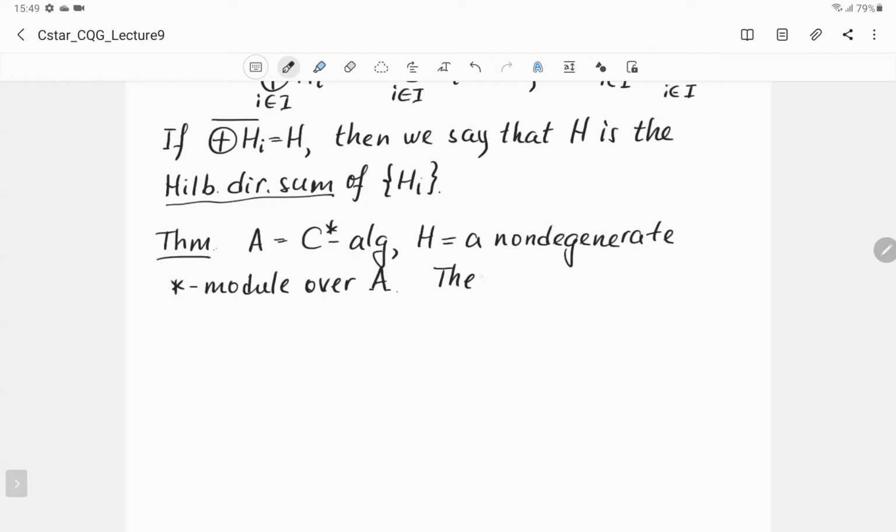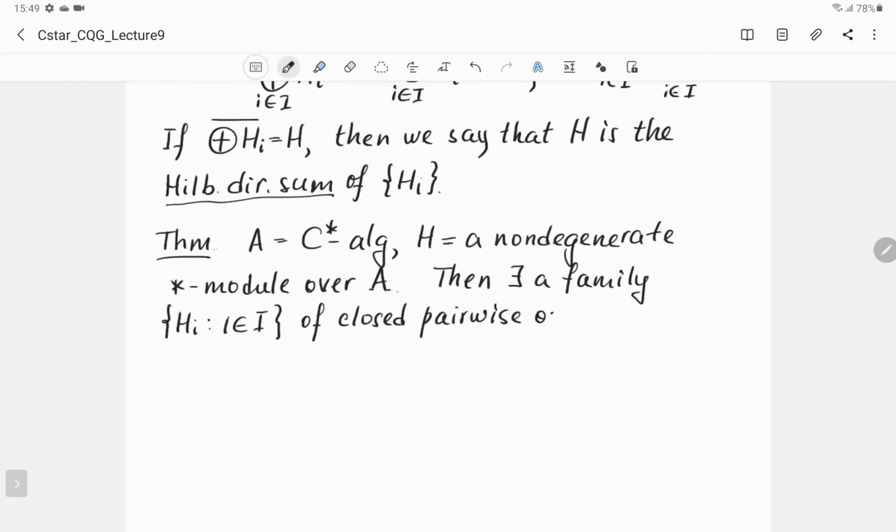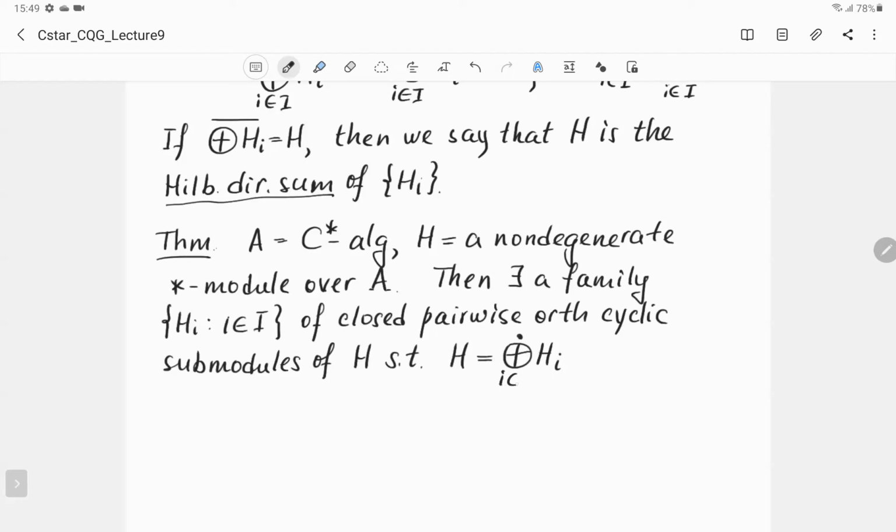I claim that there exists a family HI of closed pairwise orthogonal cyclic submodules of H such that H is their Hilbert direct sum in the sense of the above convention.